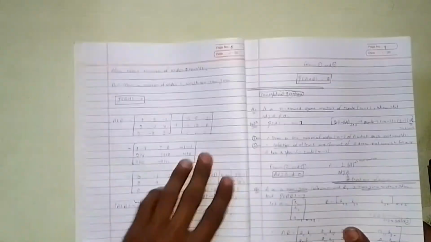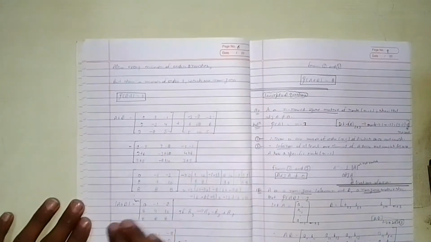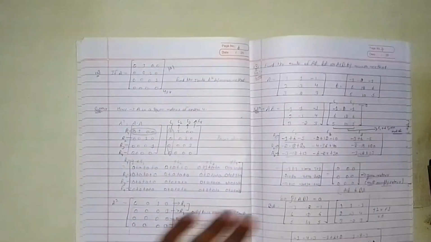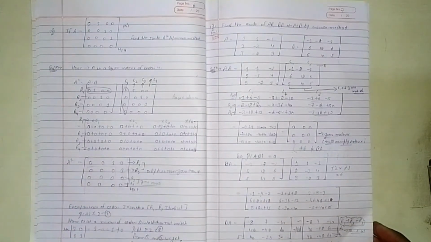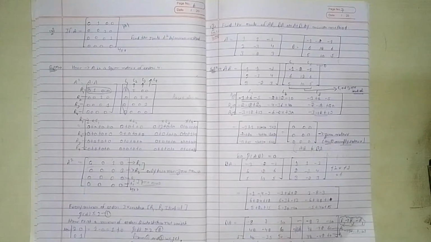So every minor of order 2 also vanishes. Why does every minor of order 2 vanish? Because here I got identical rows, or also when I solve order 3 and then order 2, I get that they vanish. You can clearly see that it will vanish.